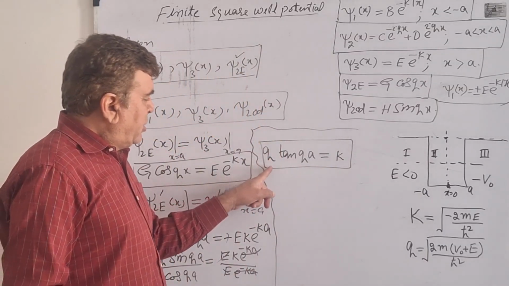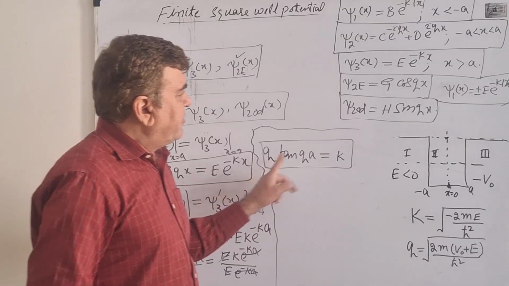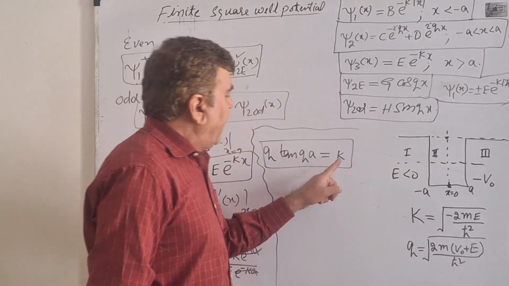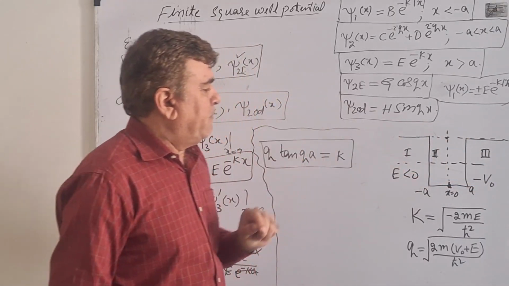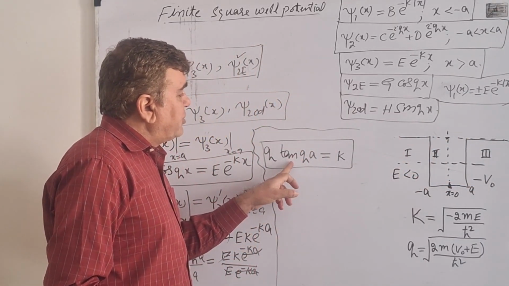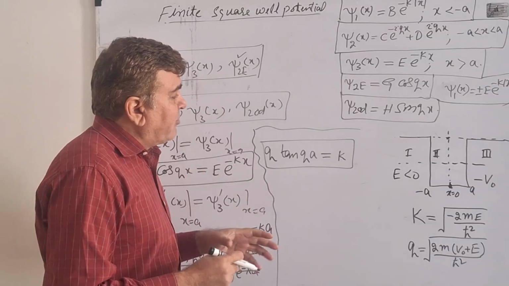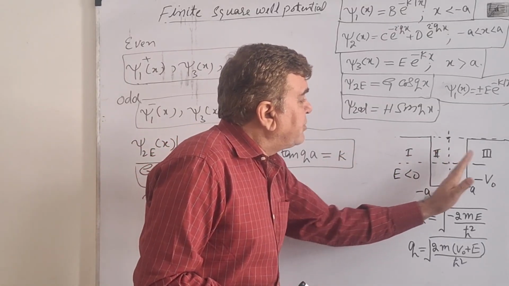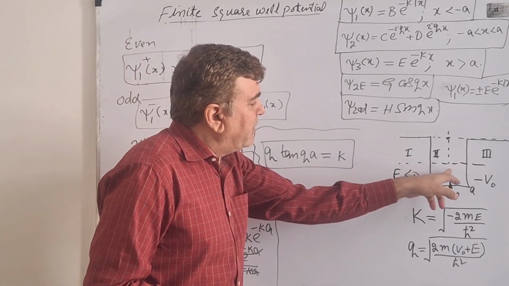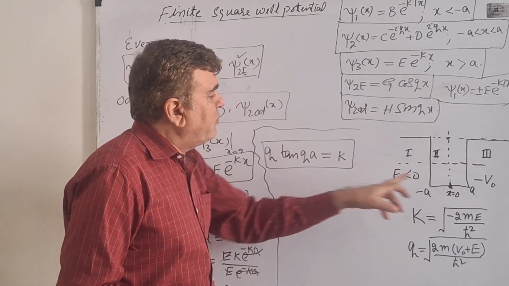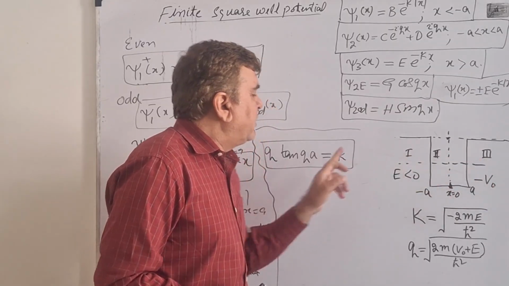You see, q is the energy parameter in the bound region, and k is the energy parameter in the free region, here or here. So in fact, this equation links the energy spectrums in the regions of the space, that is within the potential well represented by q, and outside the potential well represented by k.